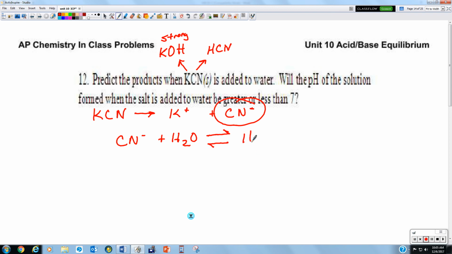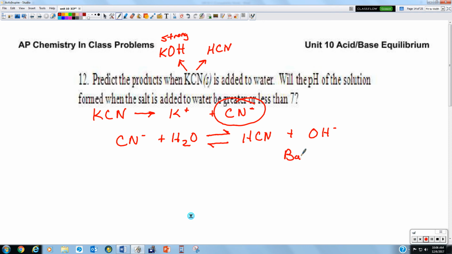So we end up with HCN, cyanic acid, plus OH negative. So what does that OH negative in the product make this an overall type of solution? Basic.